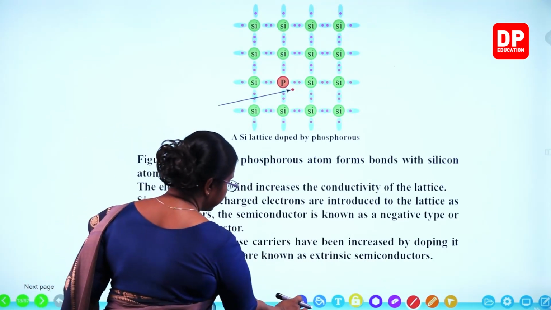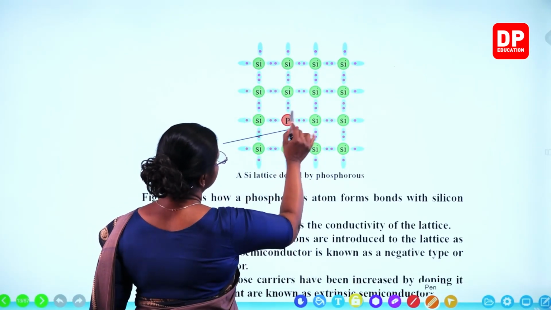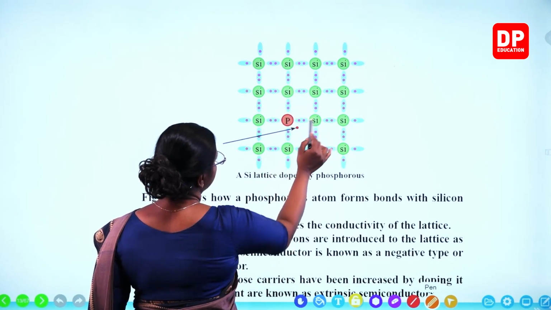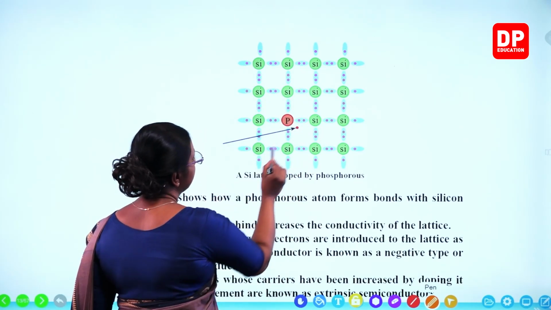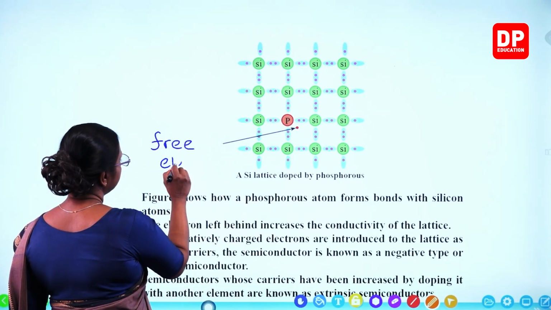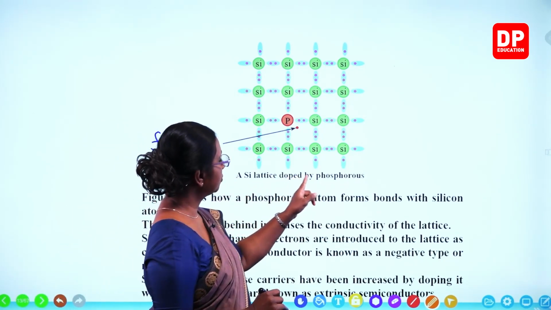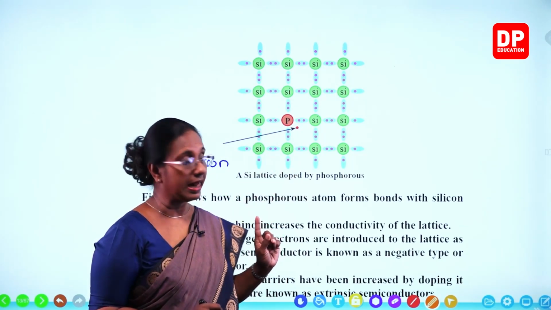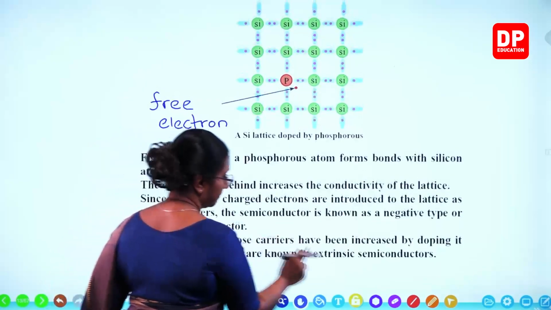So here, this is again what I explained to you all. You can see here, students, when there is a phosphorus atom, now it forms bonds with 1, 2, 3, 4 silicon atoms. So 2, 4, 6, 8, there are 8 electrons and there is a free electron. Free electron. So a silicon lattice doped by phosphorus. So like this, there will be many free electrons. So that is how the doping occurs.